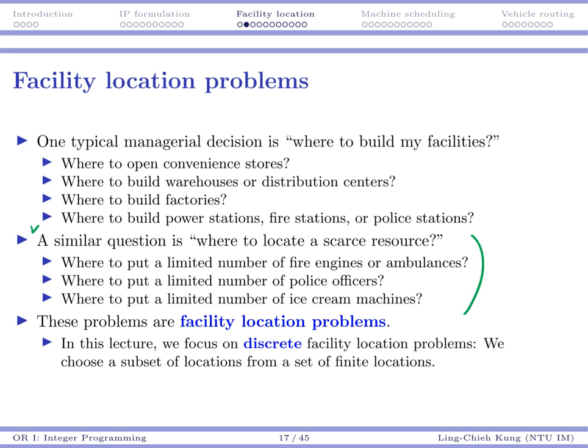As long as you are allocating some important things, and that takes some cost, and that has some impact on your performance, then it is a facility location problem. We will focus on discrete facility location problems, which means there is a finite set of candidate locations, and among them we want to choose a subset of locations to build our facilities.